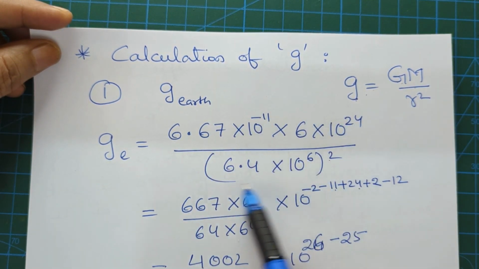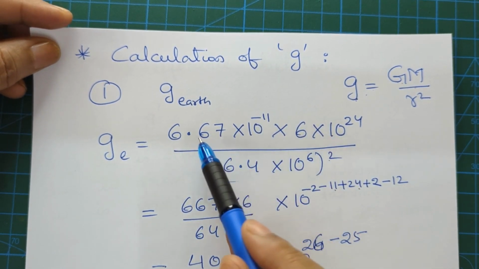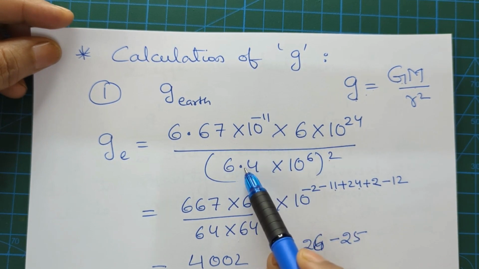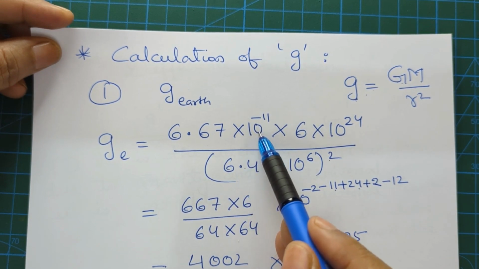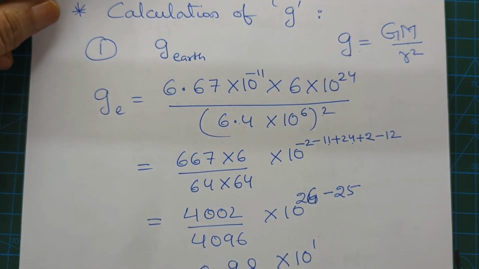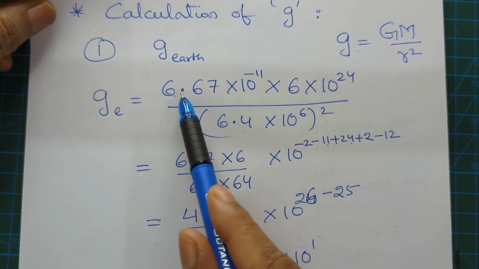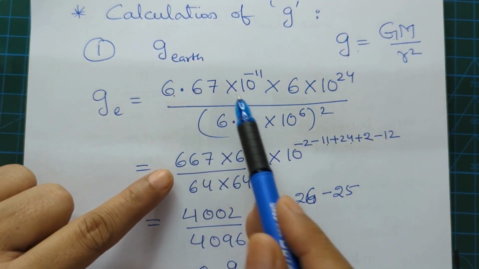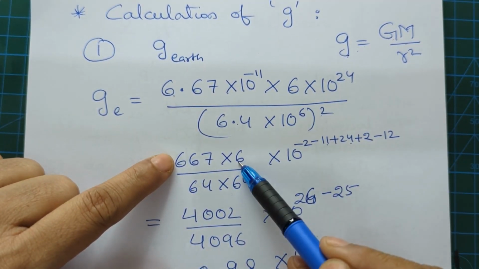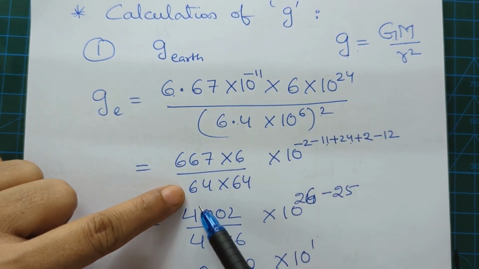How to solve this kind of big numbers? So the best way of solving is put all the numbers together and have the collection of 10 to the powers. Like, what are the numbers? Numbers are 667. So don't involve the decimals. So 667 into 6, divided by 64 into 64, because square is there.